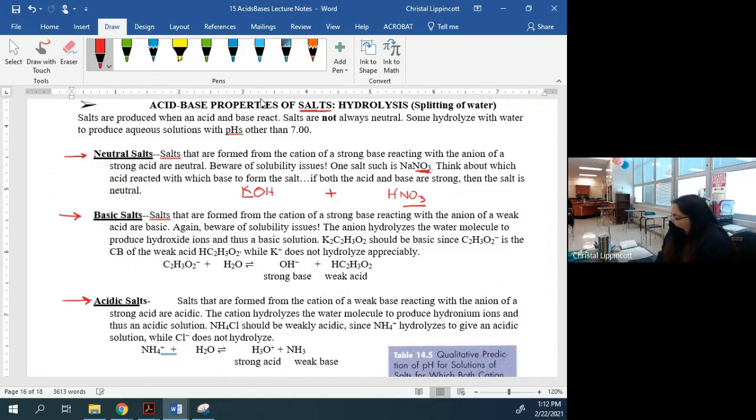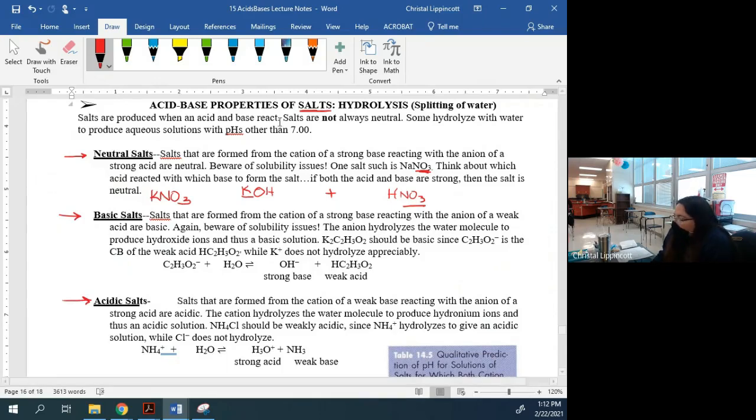So if you have these 2 things come together, we could have potassium nitrate. That would be a neutral salt because your potassium would go together with hydroxide to make a strong base, and your nitrate would go together with hydrogen to make a strong acid. Does that make sense?